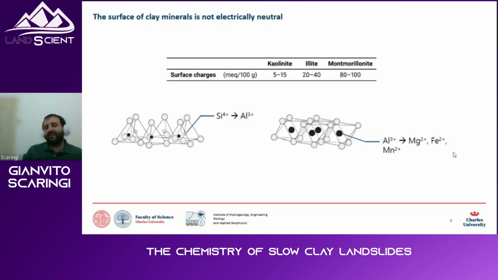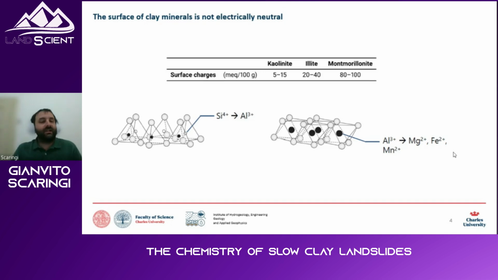Now, interestingly, the surface of this clay is not even electrically neutral, because of isomorphous substitution. In the silica layer, sometimes silicon is replaced with aluminum. In the octahedral layer, aluminum is typically replaced in some sites with magnesium, iron, or manganese. You have a net negative electrical charge on this surface.